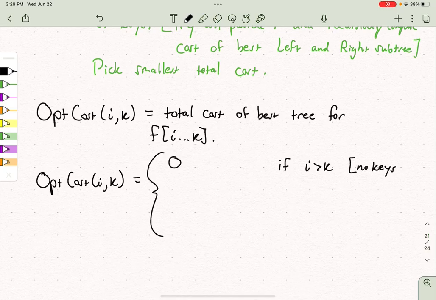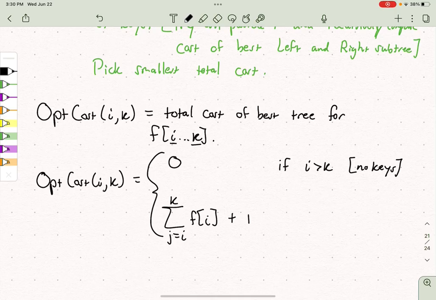And so no accesses. On the other hand, if we do have some number of keys, well, we know the cost is the cost of the root. And the cost of the root is just going to be the total frequency for every single item in the subtree. And here the subtree only considers I through k, so that's why the indices are like that.